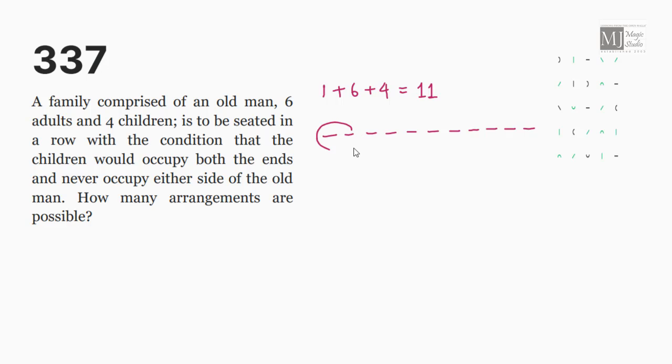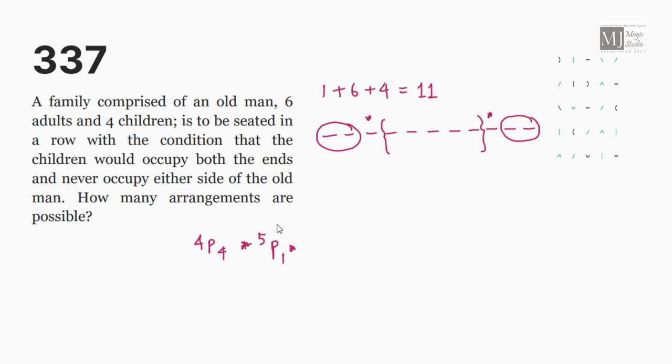That means children would be seated in these 4 positions in 4P4 ways, and never occupy either side of the old man. That means here old man cannot be placed, here old man cannot be placed. So old man can be placed only in these 5 positions. 1, 2, 3, 4, 5. 5 positions for the old man. So he can be placed in 5P1 ways.